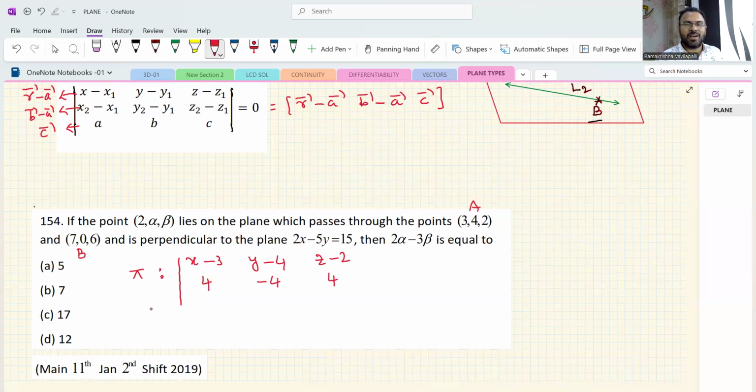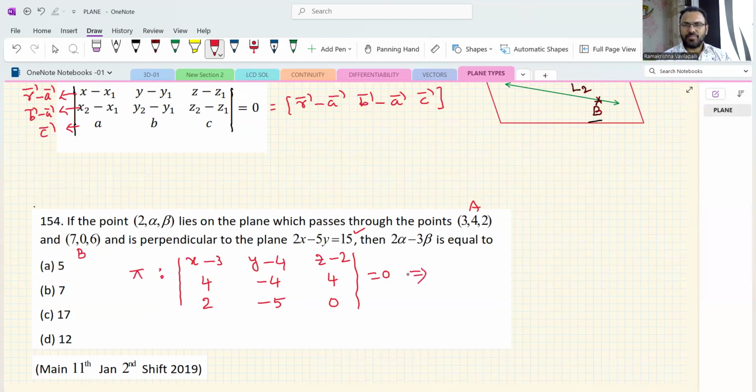What are the DRs of the normal of the plane? They are 2, minus 5 and 0. The required plane is parallel to the vector 2i minus 5j plus k. So this is equal to 0.